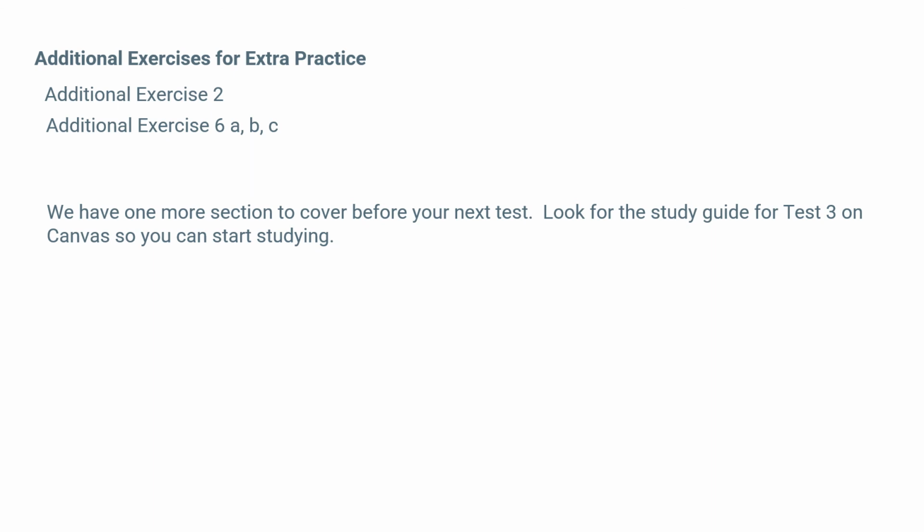Now there are some additional exercises that you can do for extra practice. The second additional exercise is one that you can do, and I've opened up the solutions for that. And then the 6th exercise, parts A, B, and C, you can do also for extra practice.